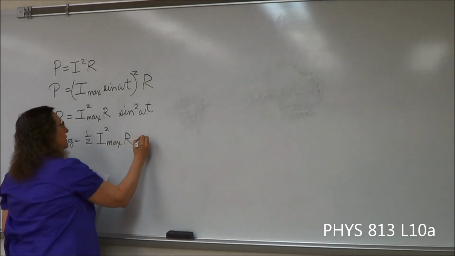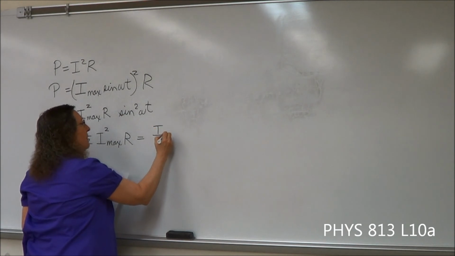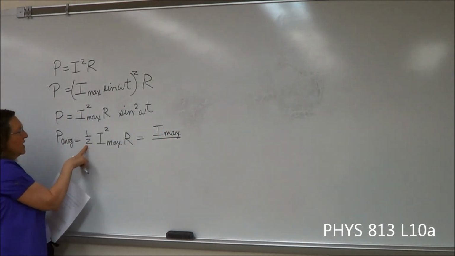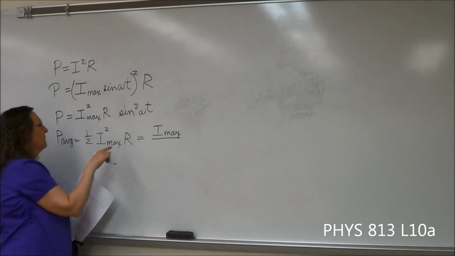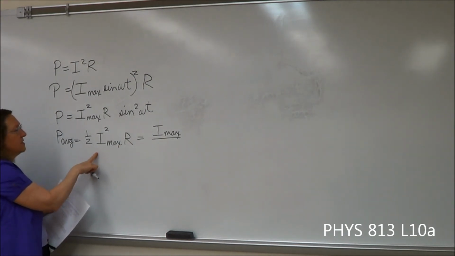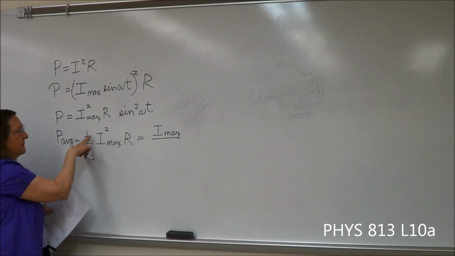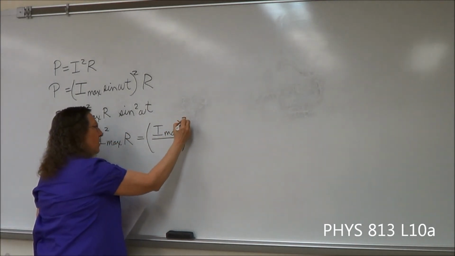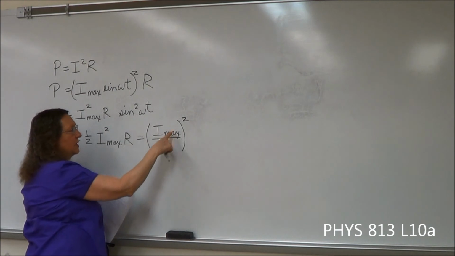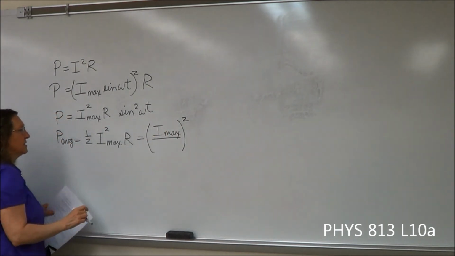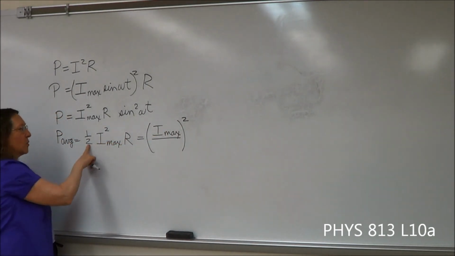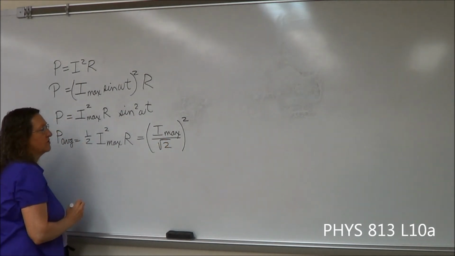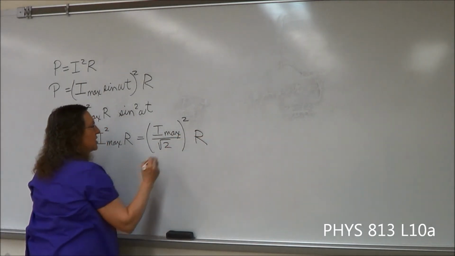So I want I max divided by something, and then have that whole quantity squared. After it's squared, it has to be 2, so before that, it must be a square root of 2. And then this is times R.